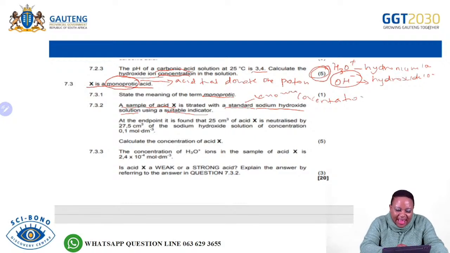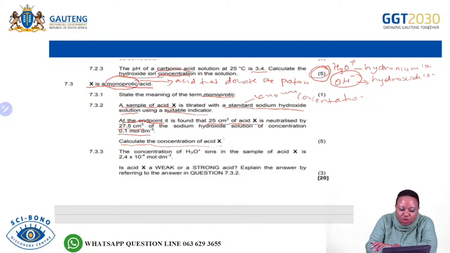Therefore, at the end, it is found that 25 cubic centimeter of acid X is neutralized by 27.5 cubic centimeter of sodium hydroxide of concentration 0.1. As I indicated, definitely we need to know the concentration of sodium hydroxide because we are told that it's a standard solution. Now the question says calculate the concentration of acid X.